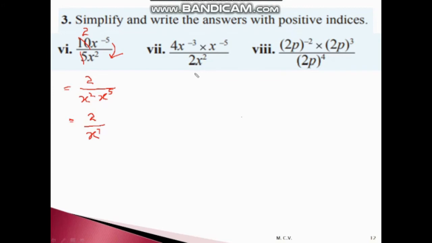Now in this one, you can cut 2 and 4. Then 2 remains in the numerator. X to the power minus 3 and minus 5 can be moved. Then that is in the denominator as x to the power plus 3 and x to the power plus 5.